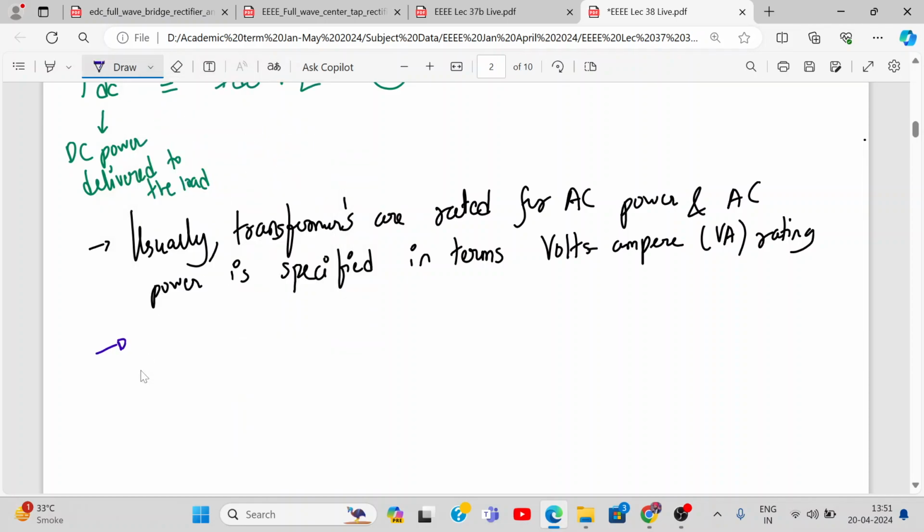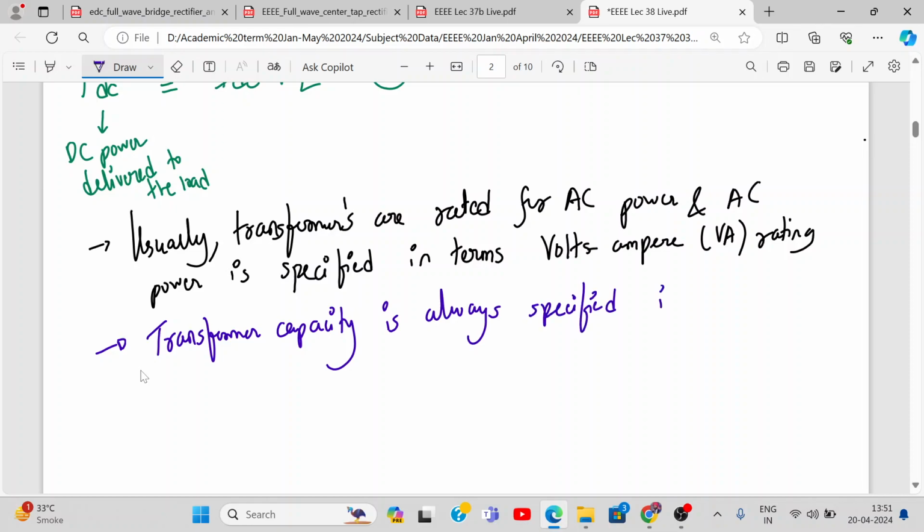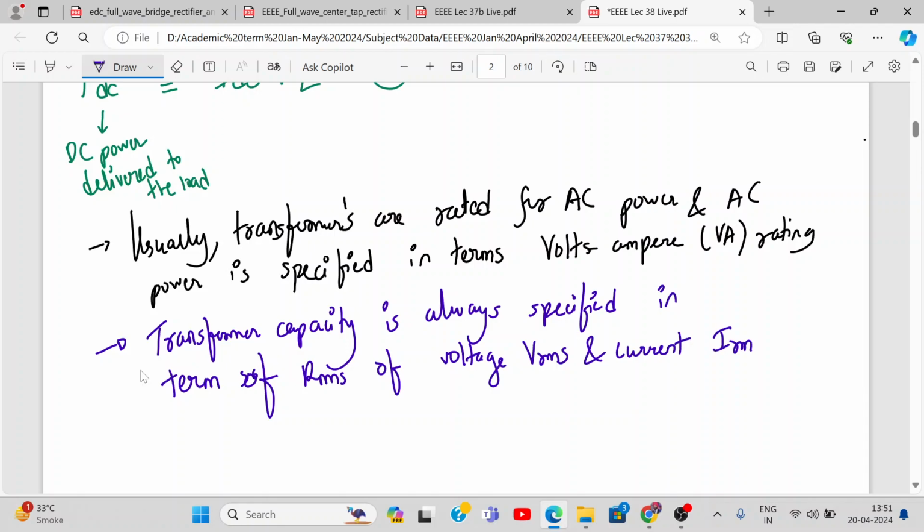So let's say the transformer capacity is always specified in terms of RMS value of voltage, input voltage, that is VRMS, and current, IRMS.